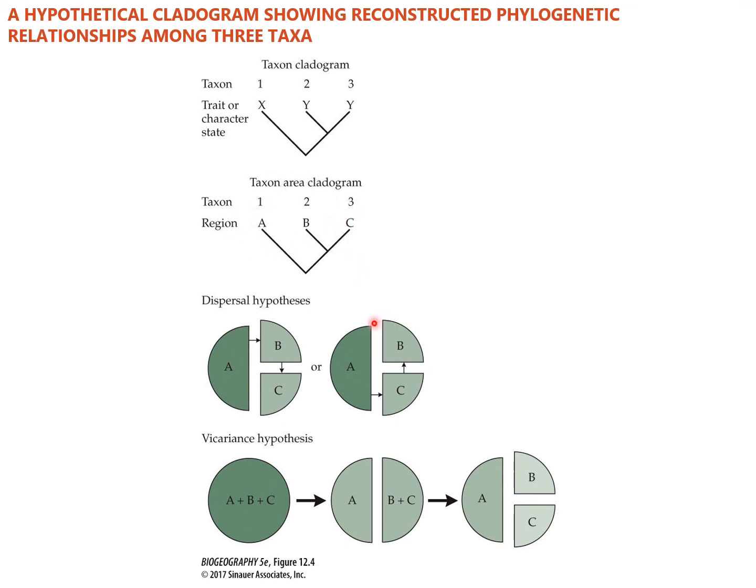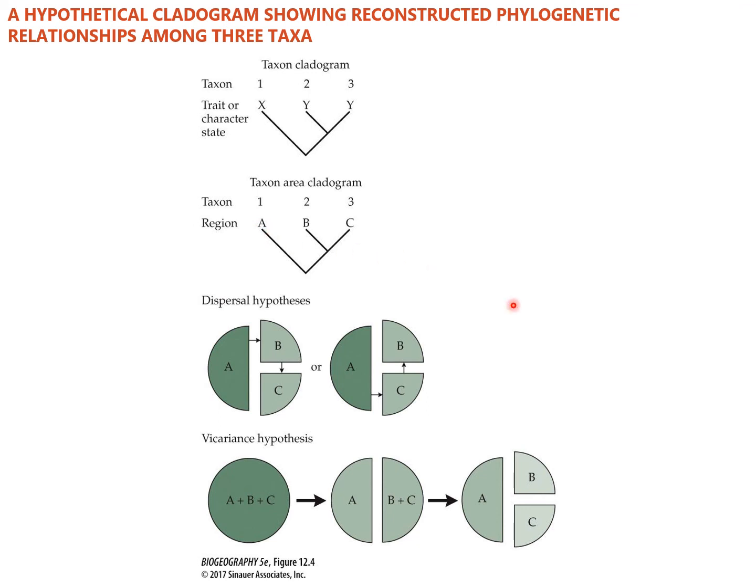So you have two different dispersal hypotheses that could create the same area cladogram, but only one vicariance hypothesis that would result in that. And the key here is indicating that areas B and C are more closely related to each other than either of them are to area A.